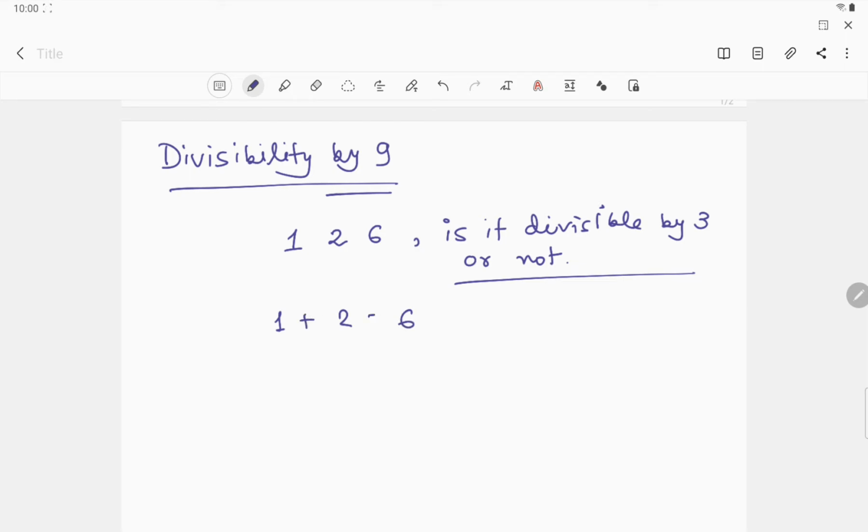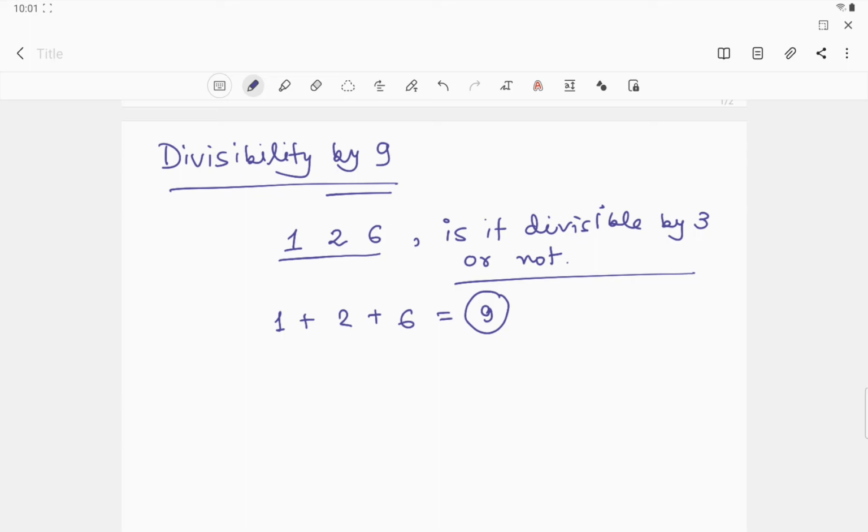Simply add them. So you will get 1 plus 2 is 3, 3 plus 6 is 9. So the sum is 9. If the sum is divisible by 3, then you can say the number 126 will be divisible by 3. And this rule will be applied for 9 also.